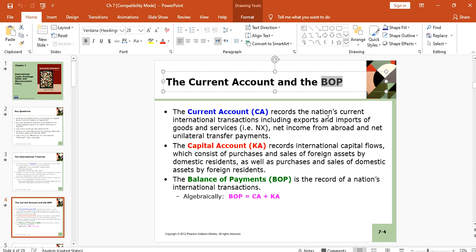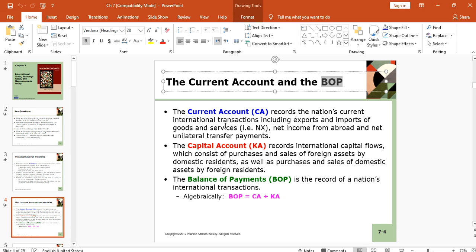Why? Because the balance of payments consists of many different accounts, many sub-accounts. If there is a deficit in one of these accounts, there should be a surplus in another account which offsets the deficit of the previous one and gets this to be close to zero or slightly positive.